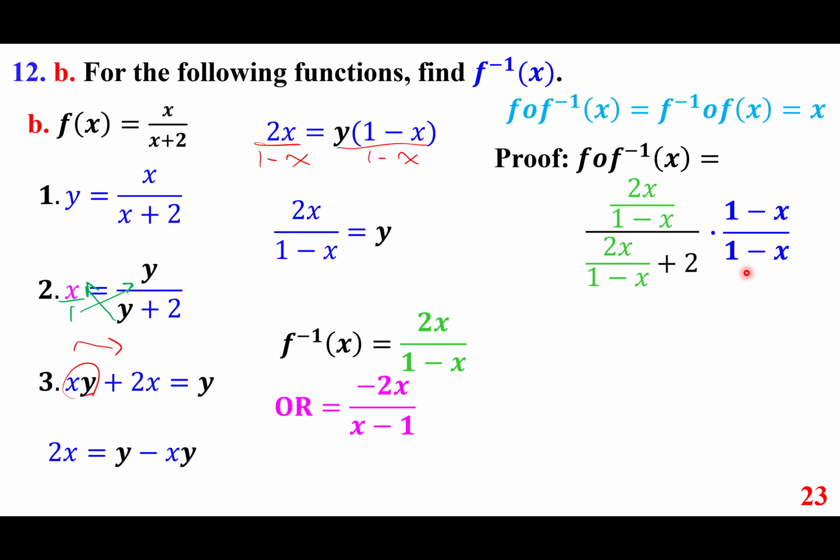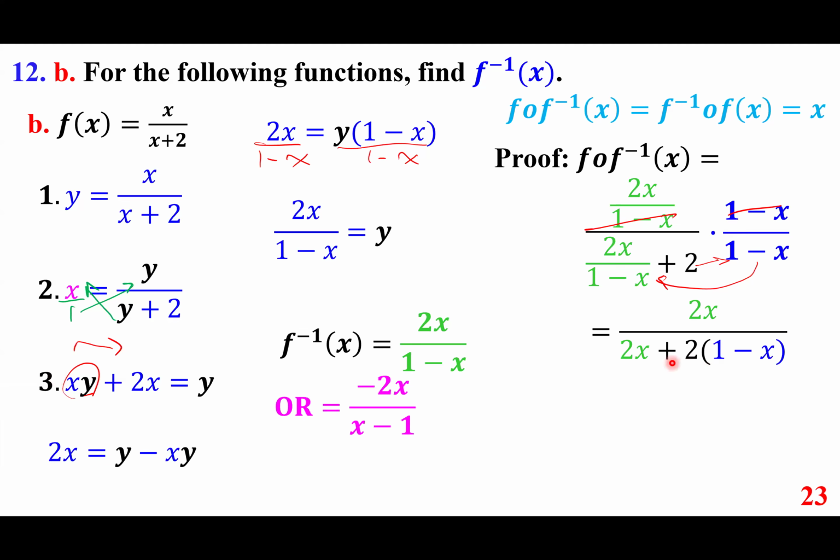So what happens? Obviously, in the numerator, these two cancel each other. And in the denominator, when you multiply these two, 1 minus x cancel each other, plus 2 times 1 minus x. We are going to distribute.